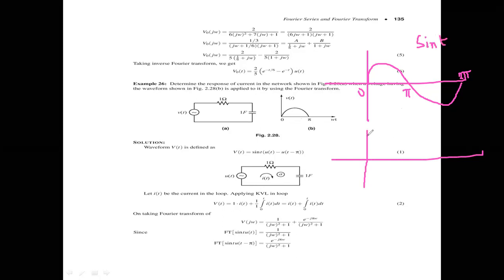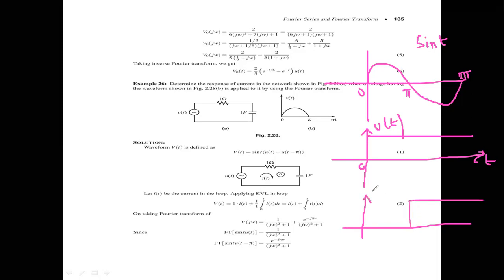Now I am taking the step function mu of t from 0 to infinity, the t variable, and we need only 0 to pi, my dear students. So now you can shift the step function towards the right side by pi samples. So mu of t minus pi, here the minus means the delay function, pi.